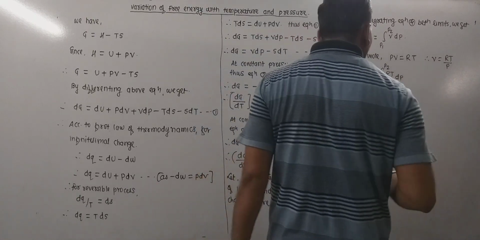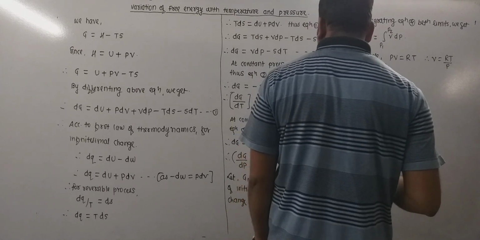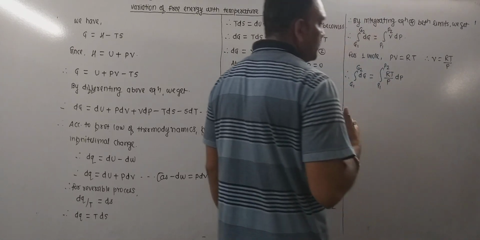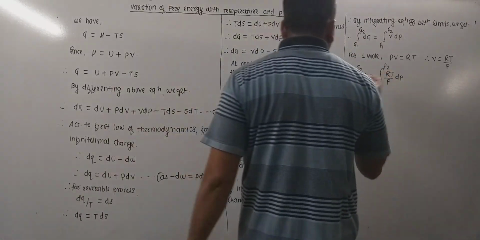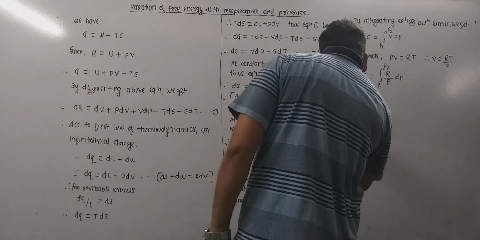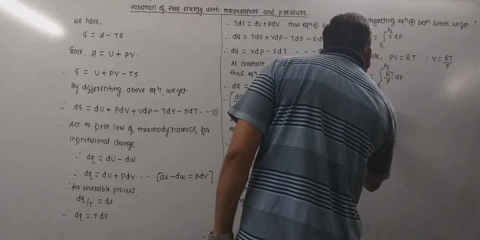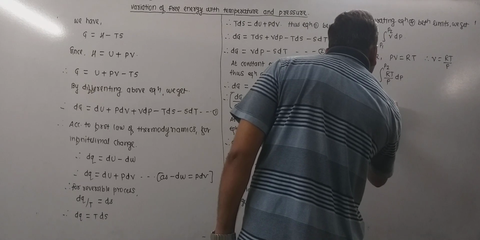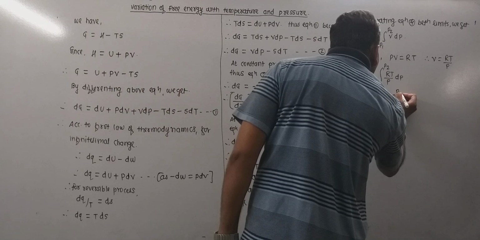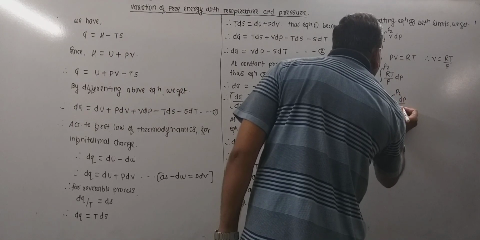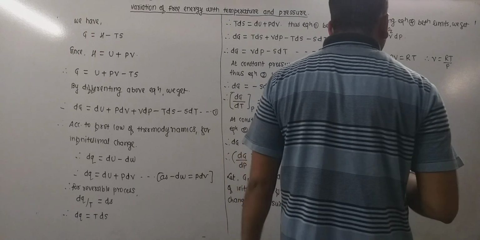Now R is the universal gas constant which remains constant throughout, and temperature is assumed to be constant, so these two constants should be written outside the integration sign. Thus this gives G2 minus G1 equals RT times the integral from P1 to P2 of dP by P. So this is a very crucial thing.